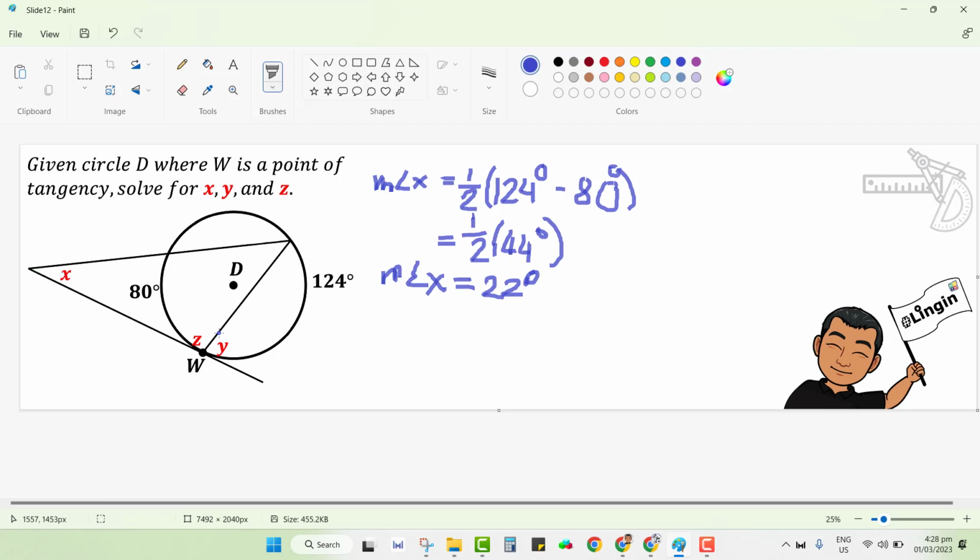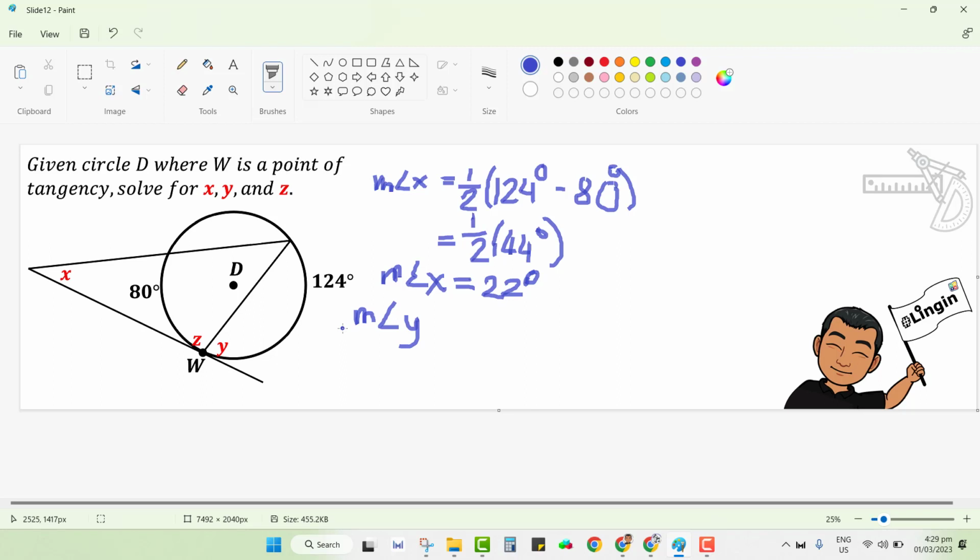For angle Y here, this angle is not an inscribed angle. This angle is formed by the tangent segment and the chord here. But even if it's not called an inscribed angle, there is a specific theorem about angles formed by a tangent segment and a chord.